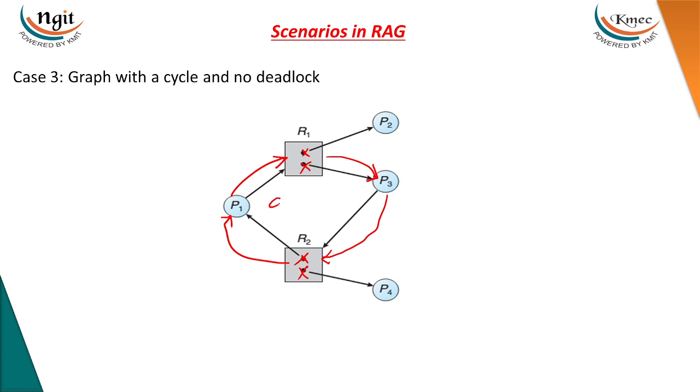So I found a cycle here, but not all the processes are holding and waiting. P2 is not waiting for anything, and P4 is also not waiting for anything.